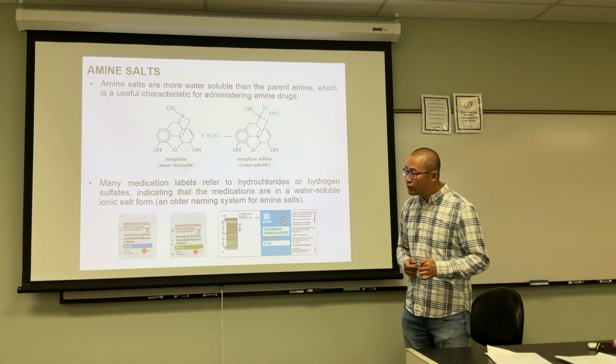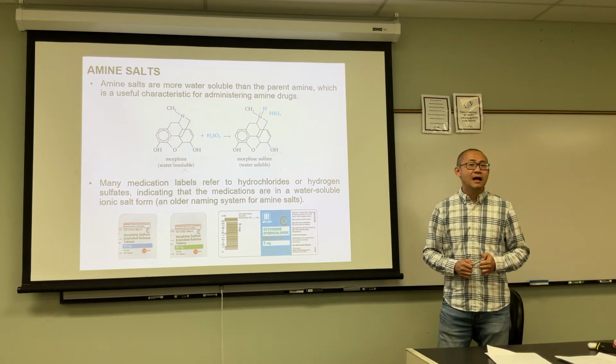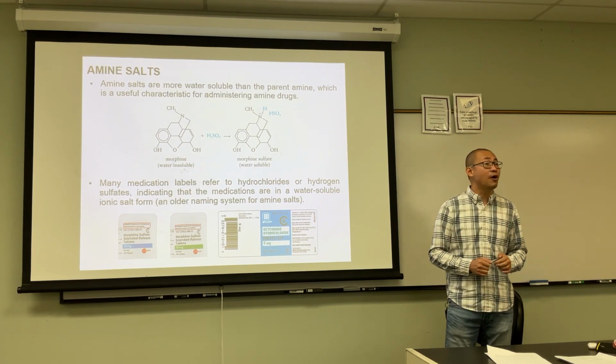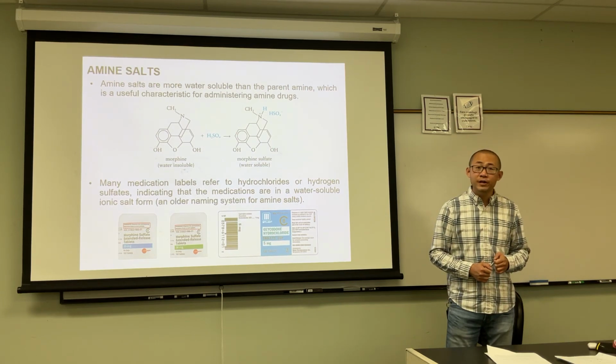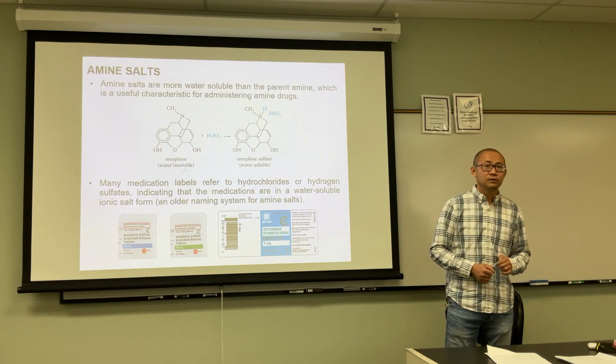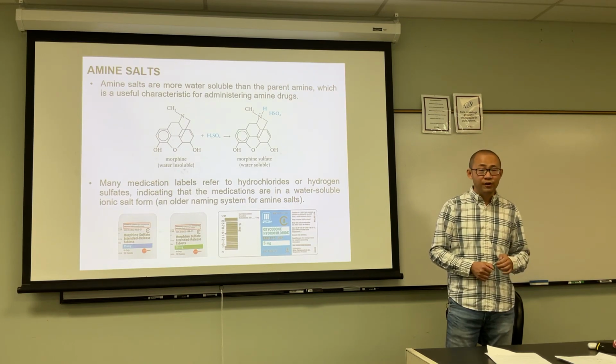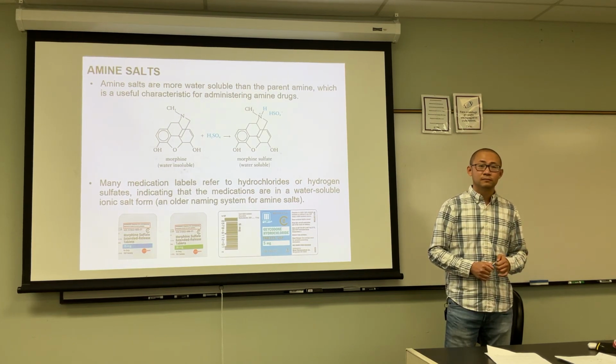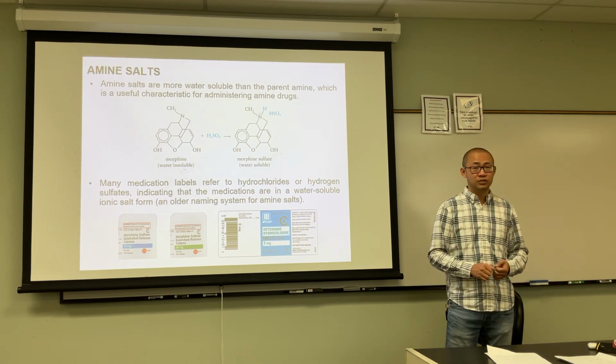After you convert an amine that is not soluble in water to an ammonium salt, the insoluble medicine can be converted to something extremely water soluble that can be more widely used, such as, again, IV.